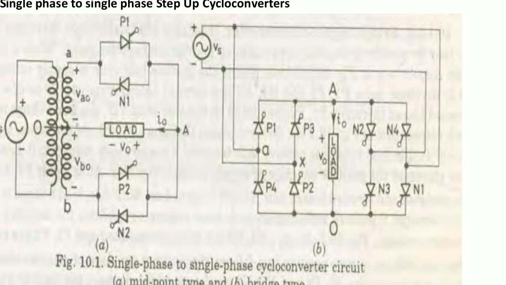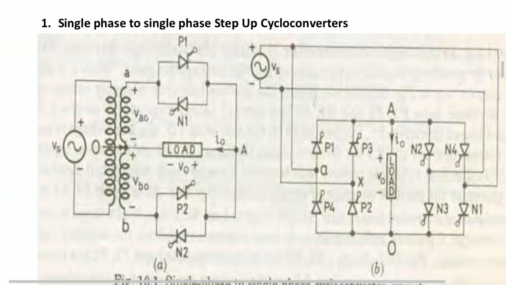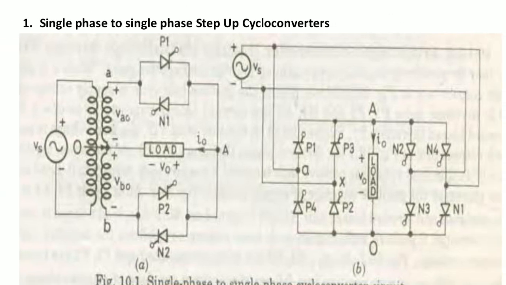So please remember, this is the basic operation for the single phase to single phase step up cycloconverter. We are increasing the frequency at the output side by turning on and turning off the SCRs one by one.